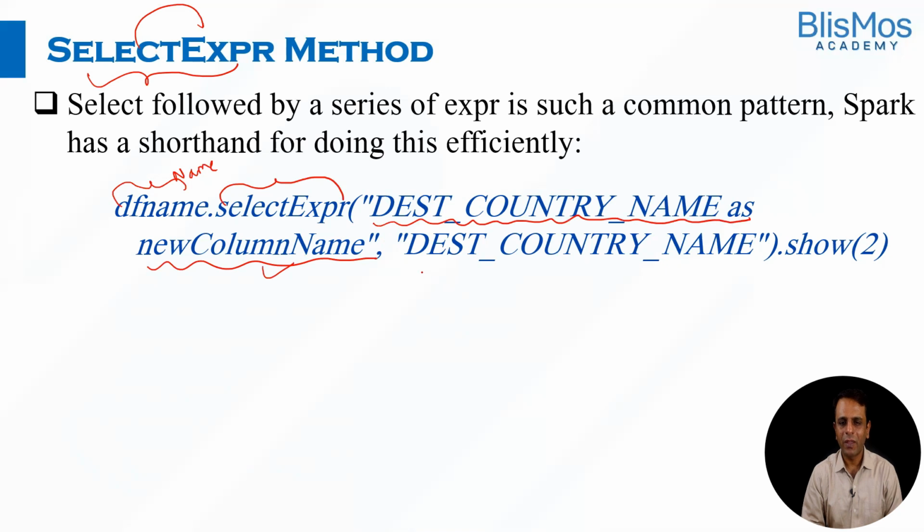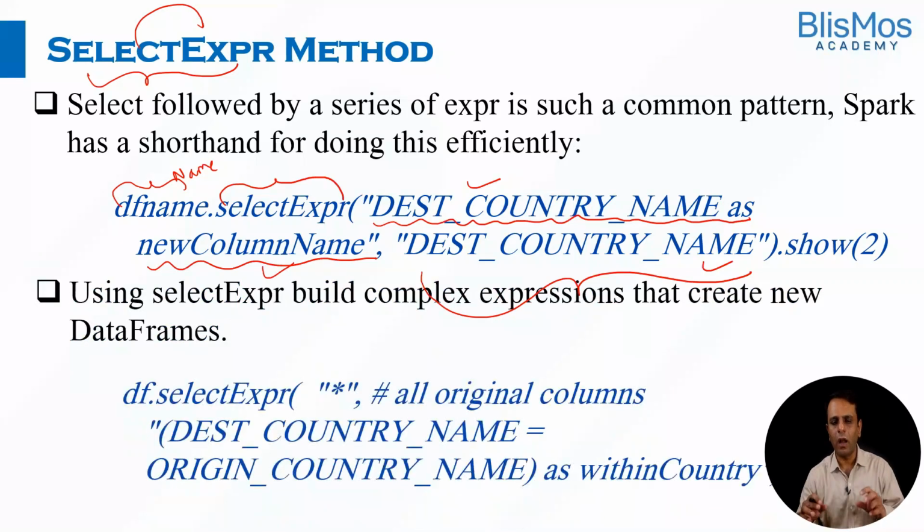And also we are trying to select the destination country name. That means the result of this will have two columns. One which has renamed the destination country name as new column name, and also the original column as well. So you can see we are selecting the column this way, and also we are doing some expression as well. And it is not that we can build only simple expressions as a part of selectExpr. We can also build complex expressions.